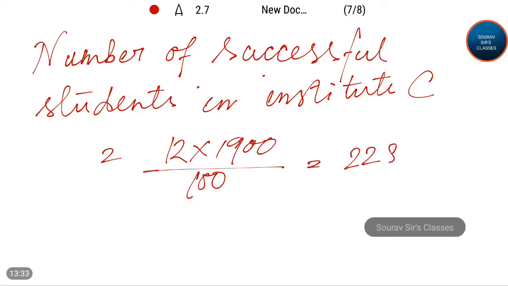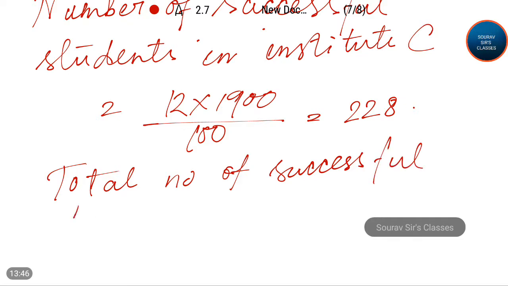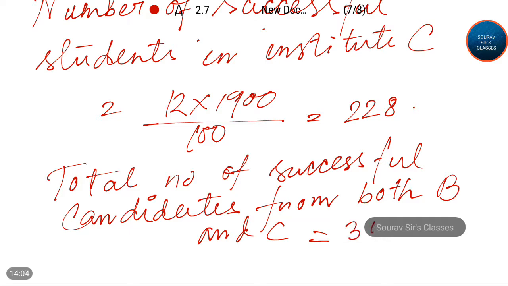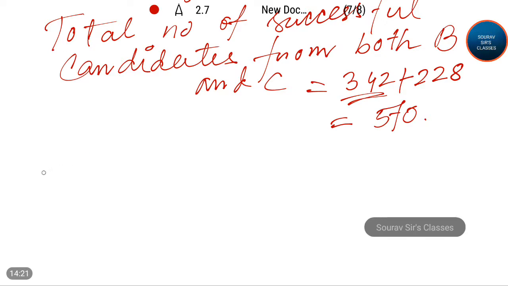That is equal to 228. So now the total number of successful candidates from both B and C is equal to 342 plus 228, because 342 was the number of students from Institute B. So that is equal to 570.